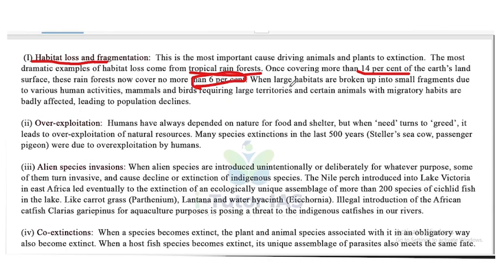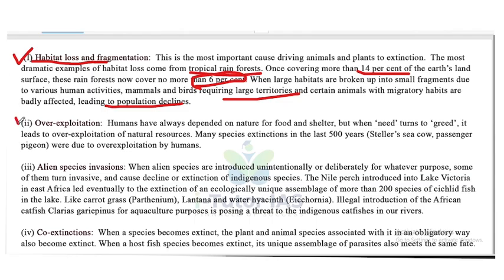When large habitats are broken up into small fragments due to various human activities, mammals and birds requiring large territories, and certain animals with migratory habits are badly affected, leading to population decline. So, among the evil quartet, the most important and dangerous one is habitat loss and fragmentation.